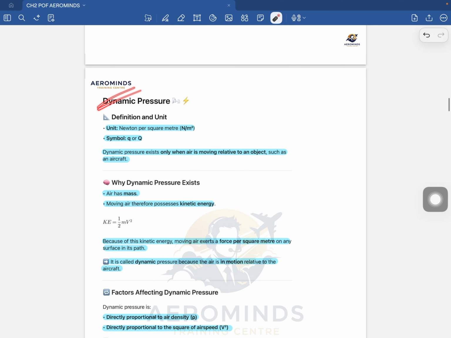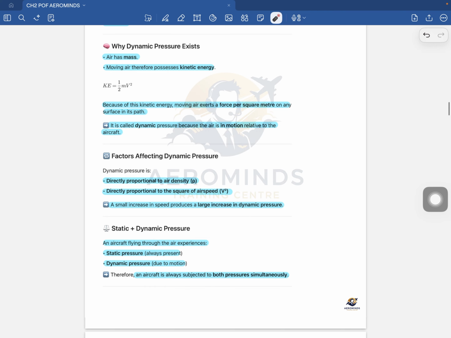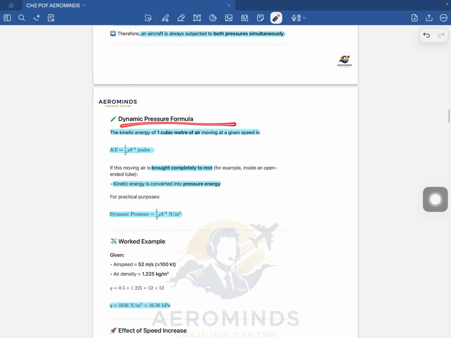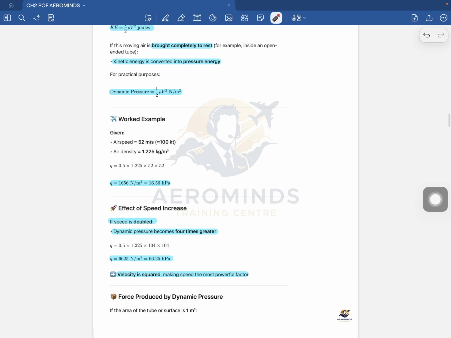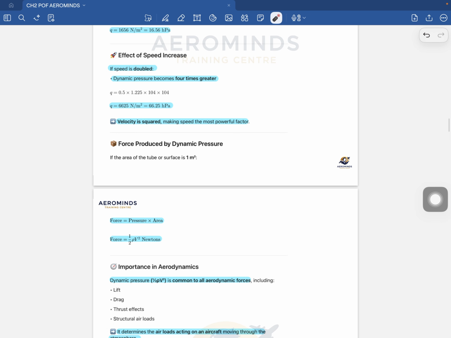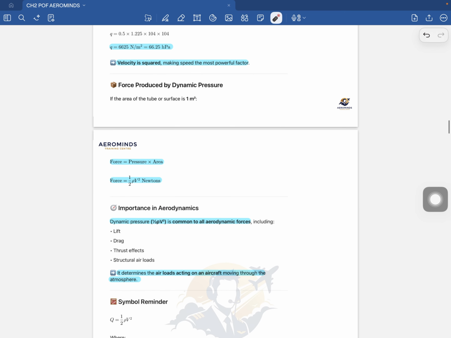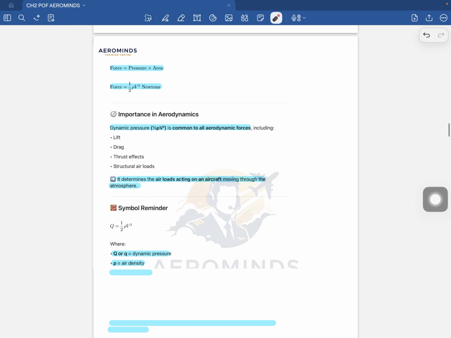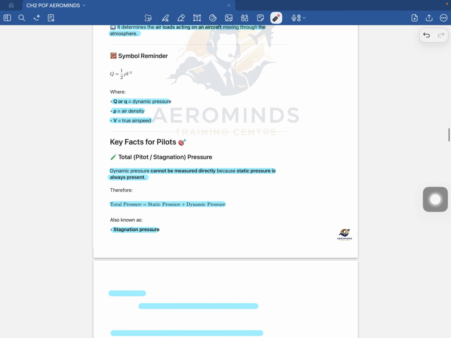Then we saw what is dynamic pressure. This is also important. We saw why it exists, what the factors affecting it are, what the total pressure and stagnation pressure are, what the formula of it is, and a worked example. Then the effect of speed increase, forces produced by the dynamic pressure. Then the importance in aerodynamics.